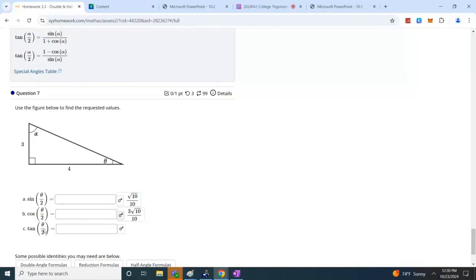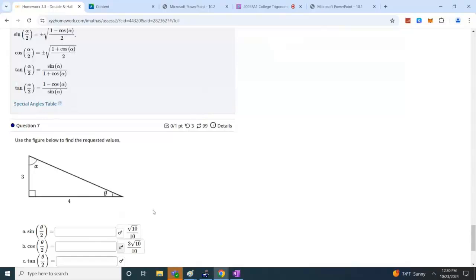And then for the last one, the tangent of theta over 2. Now here's one thing they didn't give you in these formulas. If I look here, they give us 2 formulas for the half angle for tangent.